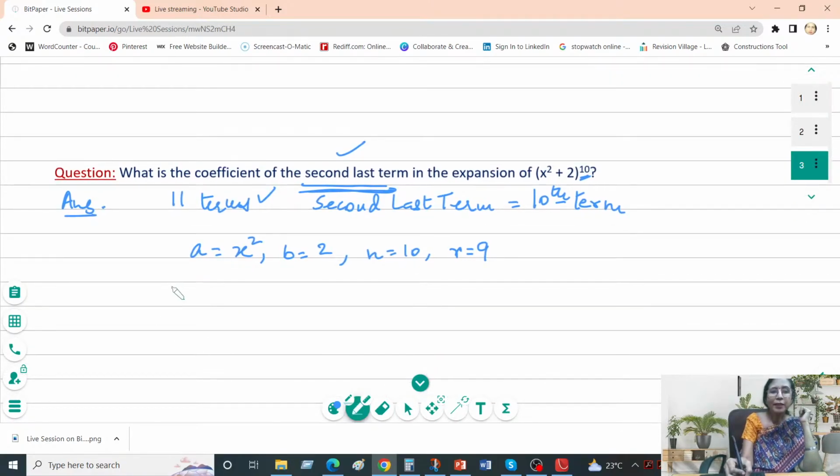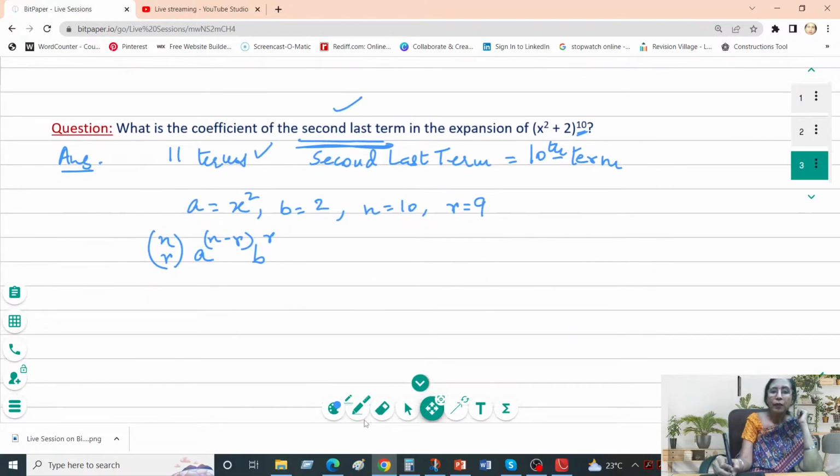What was the general term? I'm writing it once more. nCr a to the power of n minus r and b to the power of r. Okay, so we'll be just substituting.